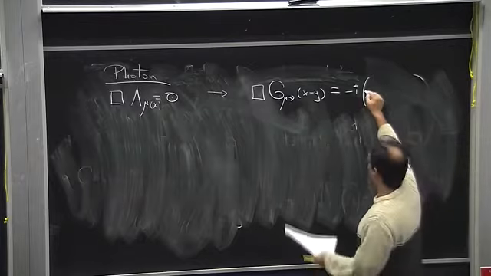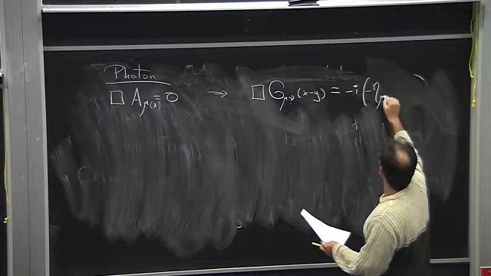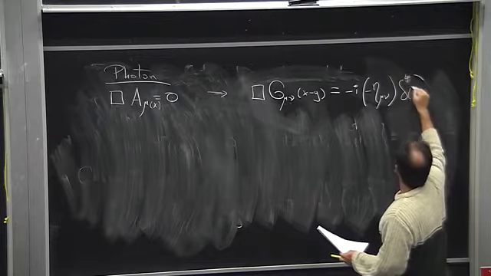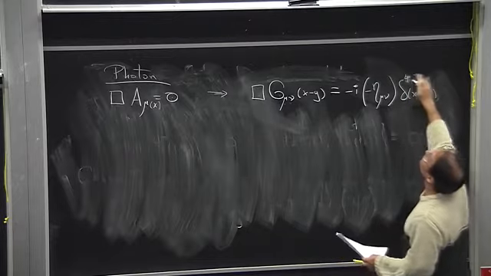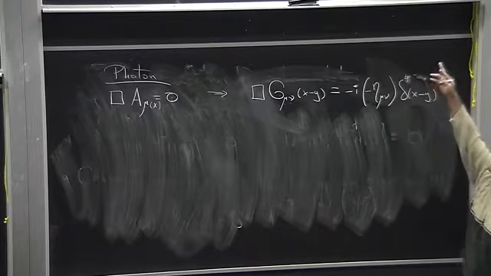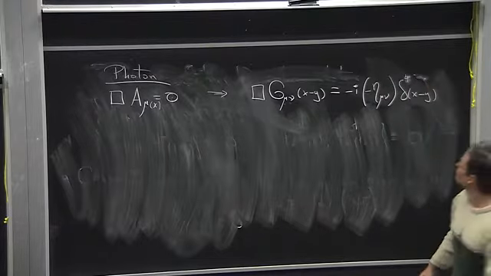And that's what motivates us to put a minus eta mu nu here with delta 4 x minus y. Okay. So this is the analog of the yellow guy that we have over there.